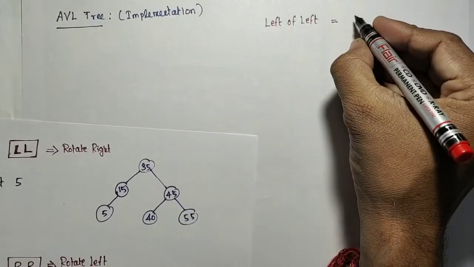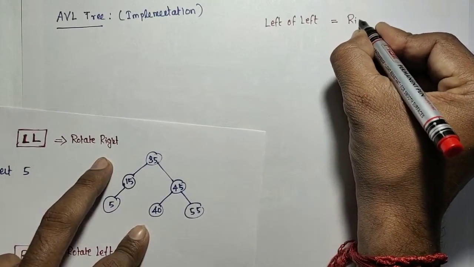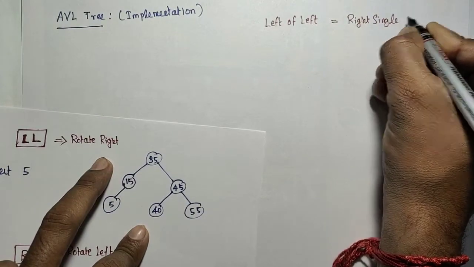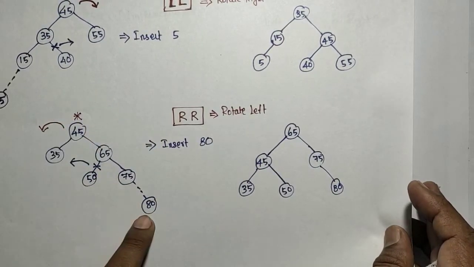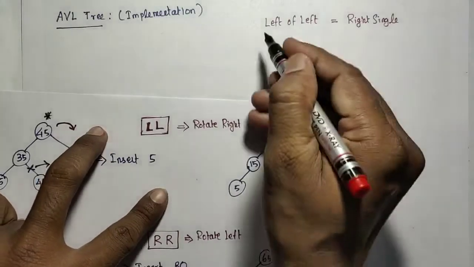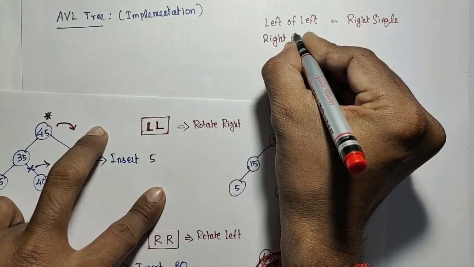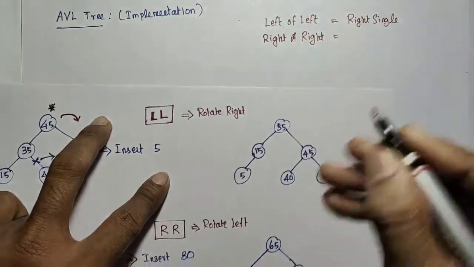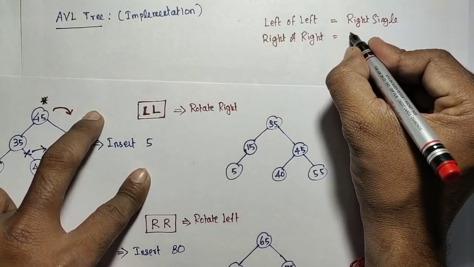I am going to name that action right single. The next possibility is right of right, inserting a new element at the right of the right. The solution is rotate left. So I am going to name it left single.